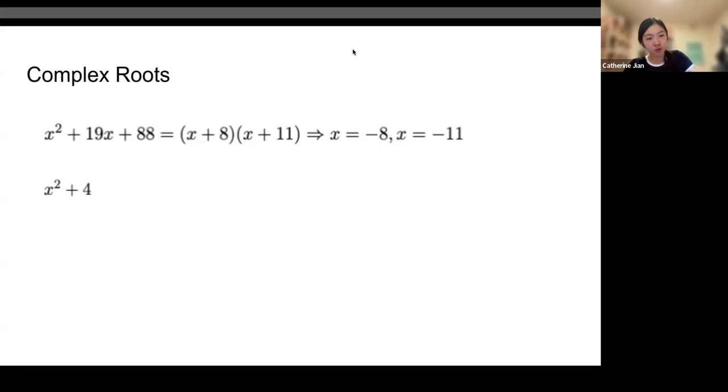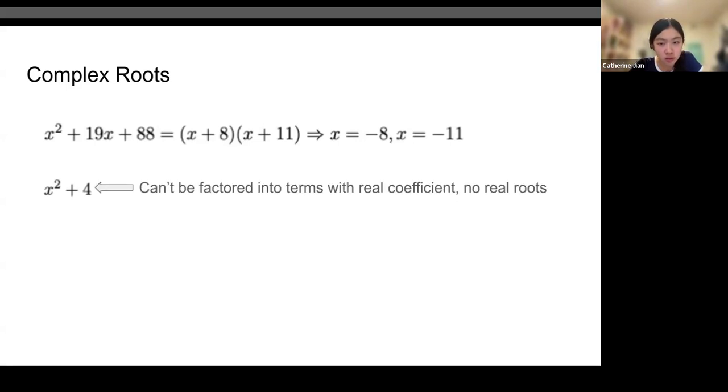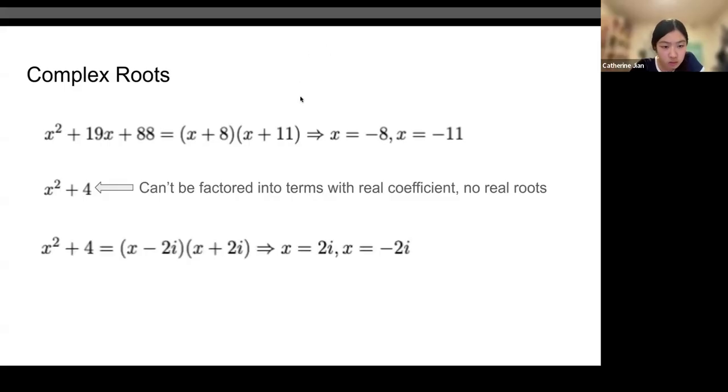For example, we might have a polynomial like this, where you can't factor it nicely. But if we allow complex roots, then this can be solved. So we can factor it as x times (x minus 2i) times (x plus 2i), and then the roots would be 2i and negative 2i, so it has imaginary roots. Does anyone have any questions?